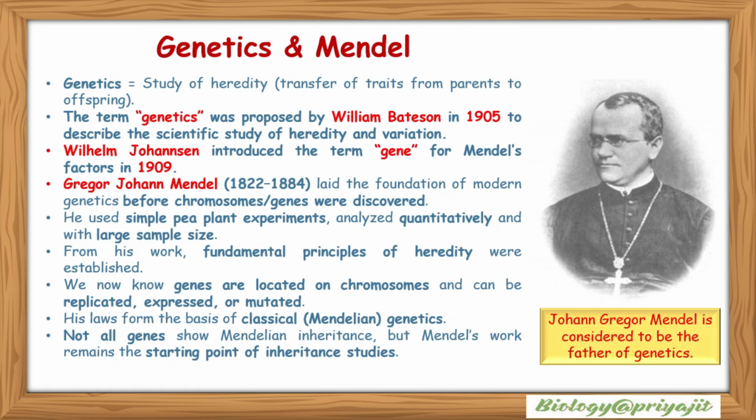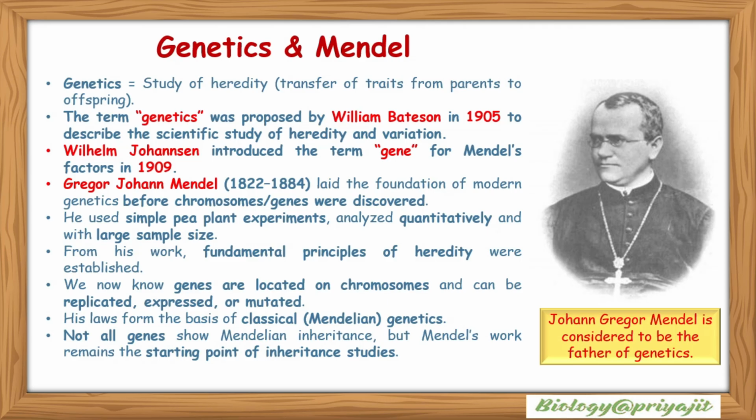Gregor Johann Mendel laid the foundation for the first time of modern genetics before the chromosomes and genes were discovered. He used simple pre-planned experiments analyzed quantitatively with large sample size. From his work, fundamental principles of heredity were established.